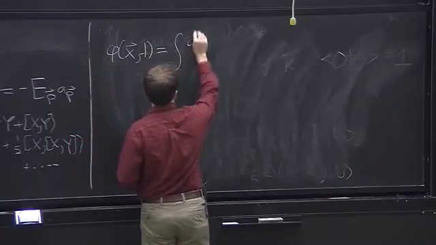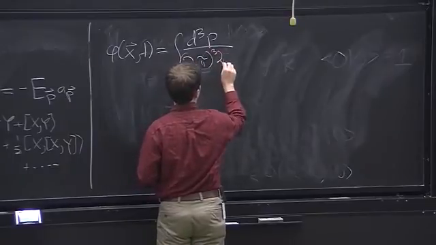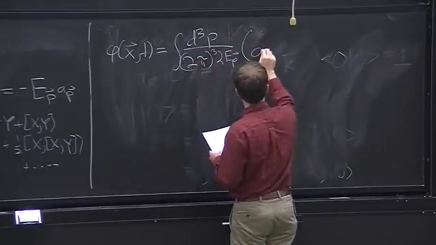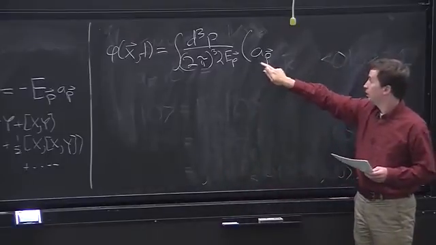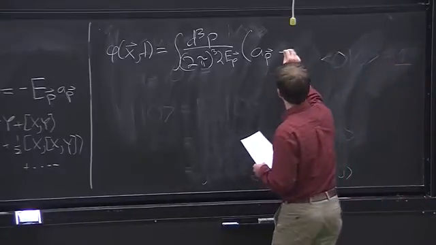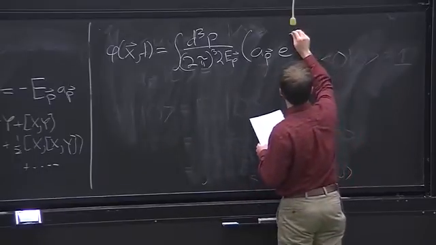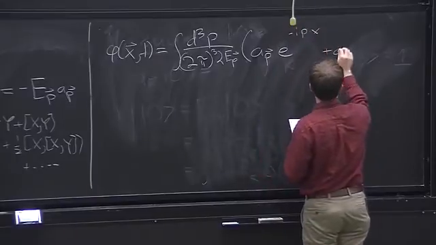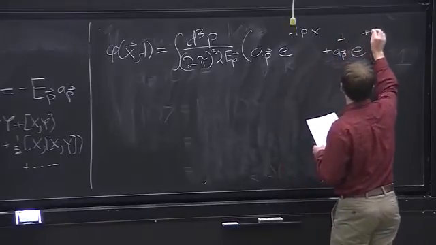And that's just the integral d^3p over (2 pi)^3 1 over square root of 2 E_p, a_p, where since I'm not writing a_p of t, this is just, again, the Schrodinger picture operator. And I'll pull out the time dependence we computed. e to the minus i p dot x, plus a_p dagger e to the plus i p dot x.